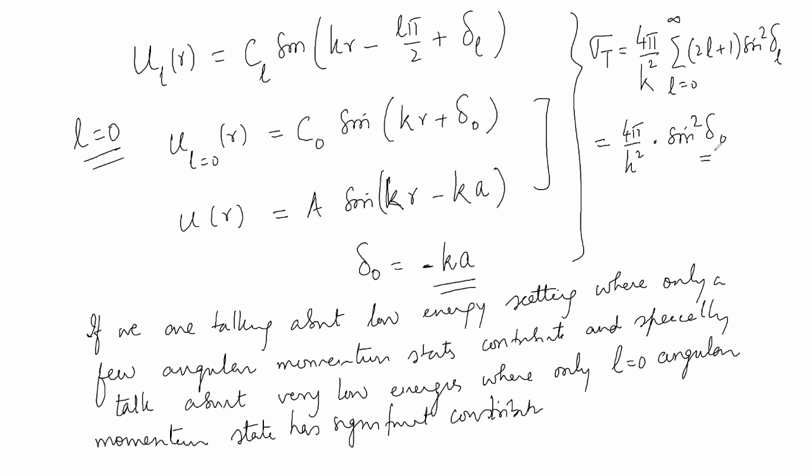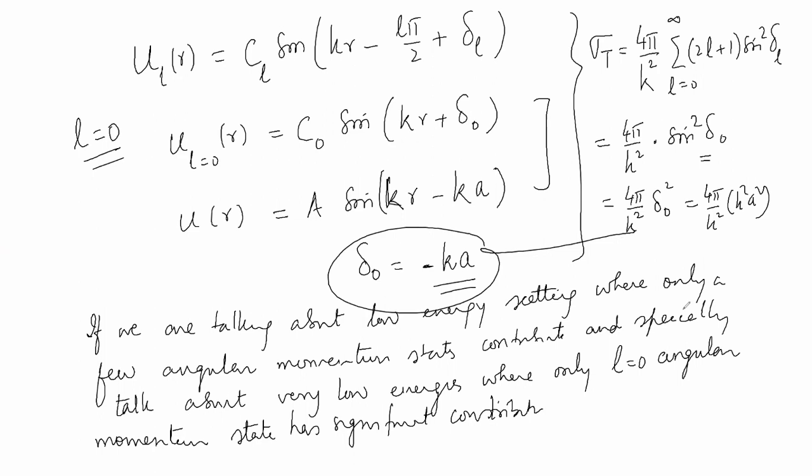And for a small delta_0, this value I can write simply as 4 pi by k square delta_0 square, and that means this will be equal to 4 pi by k square times k square a square.